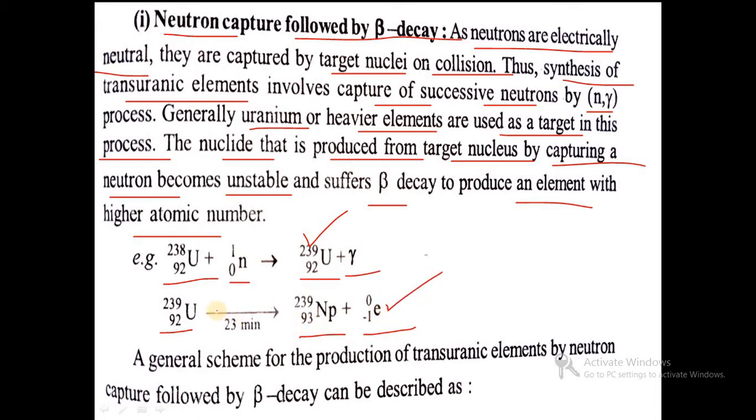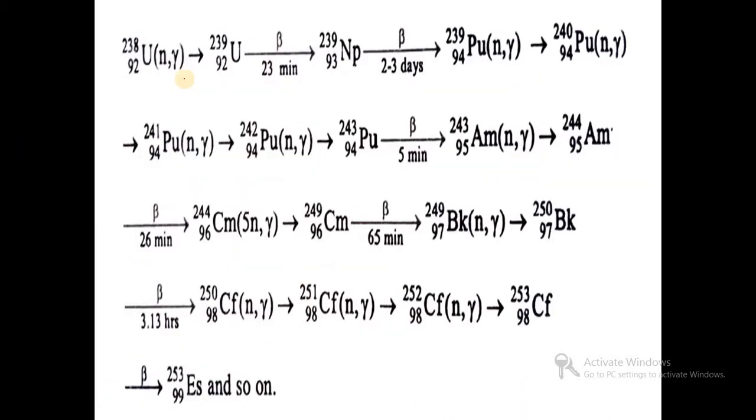So here uranium is converted into neptunium, which is a higher element, and this is a transuranic element. A general scheme for the production of transuranic elements by neutron capture followed by beta decay can be described as follows. When uranium 92-238 undergoes n-gamma, we get unstable uranium 92-239. With beta emission, we get neptunium.